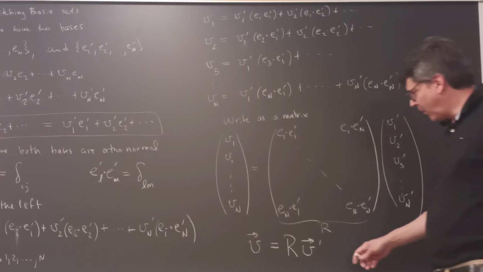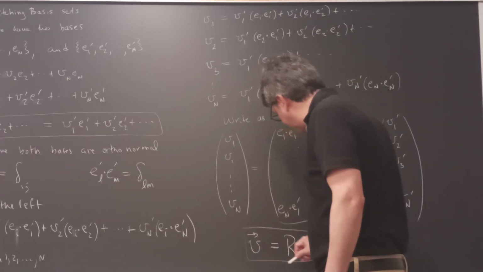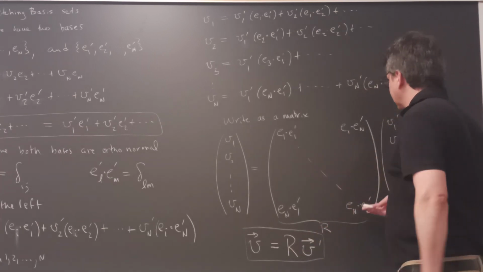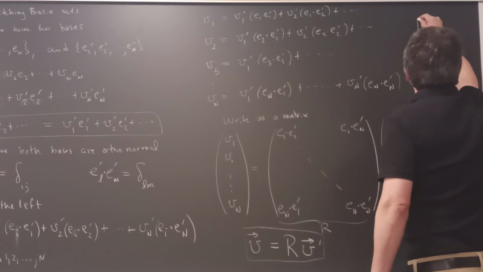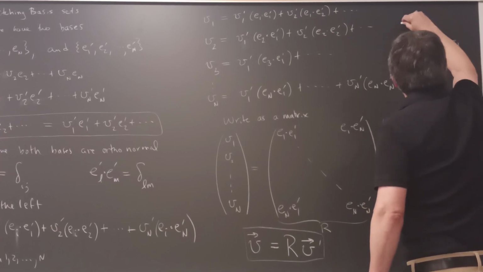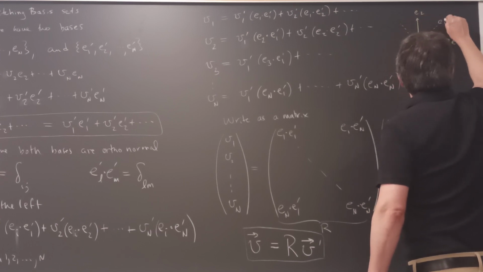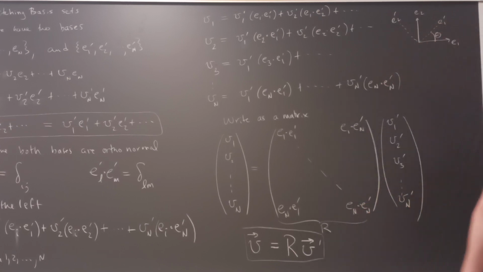We're going to switch bases frequently because it's convenient. We can think of a simple two-dimensional example where we have E1 and E2, and then E1 prime and E2 prime with some rotation angle theta.